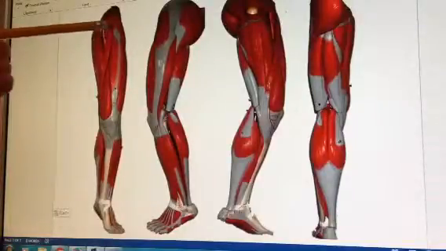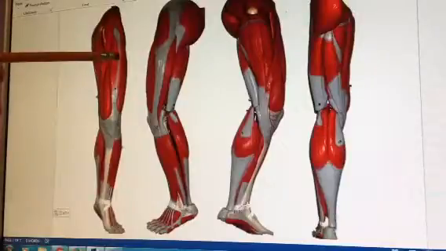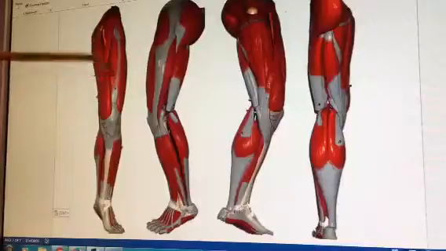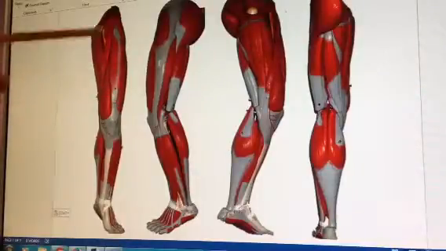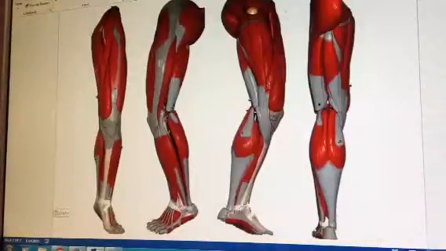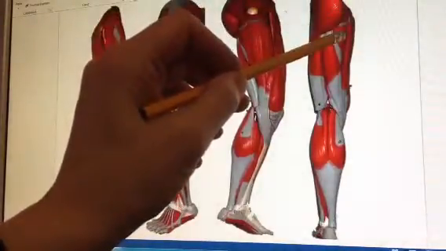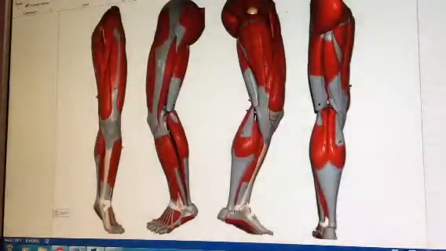So the sartorius kind of divides the rectus femoris from the adductor longus. So we have rectus femoris, sartorius, and adductor longus. So the longus is seen on the front side of the upper leg near the hip, and the adductor magnus is on the back side of the leg near the hip. And you can use the sartorius as kind of a dividing line there to find those muscles.